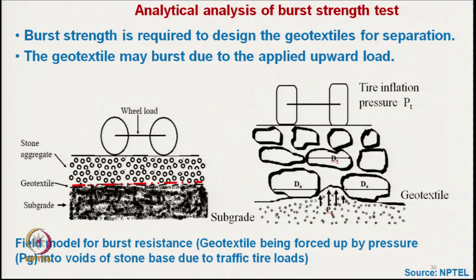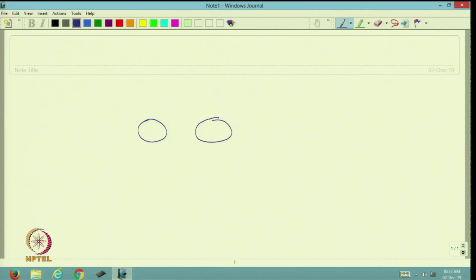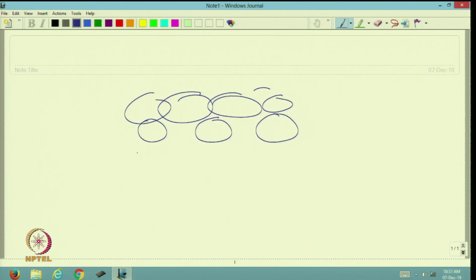Now, here these are the stones. Here the geotextile is used as a separating material, a separator, and at the bottom there are soft soils.